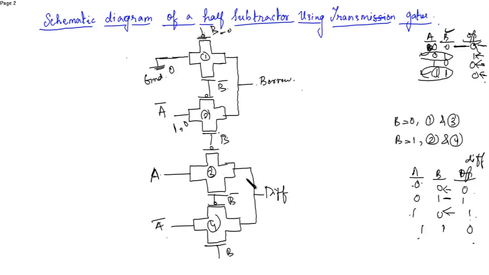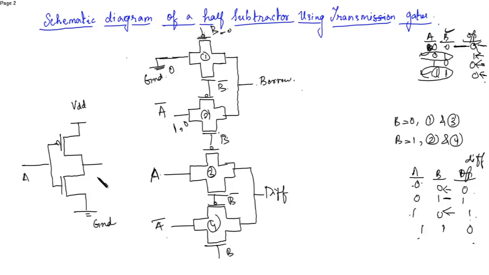Okay. So this is the schematic diagram. Two things left, that is A and A bar, B, B bar. So there should be two more inverters. This is VDD. This is ground.